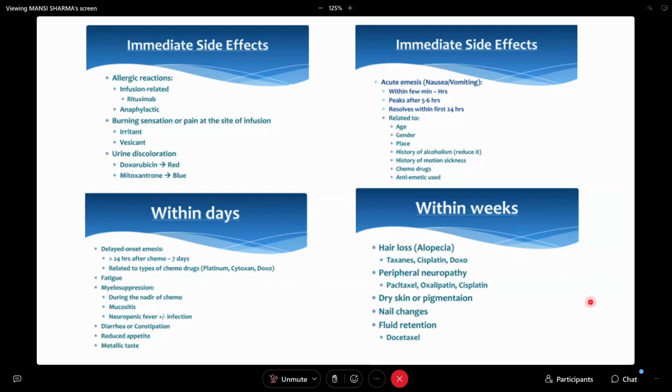We also have side effects that develop within weeks, more notably alopecia. You should know the drugs that cause alopecia. Taxanes cause complete alopecia, so you have complete loss of all hair from the body, including eyebrows and eyelashes and everything. Cisplatin, doxorubicin as well. We need to know drugs that cause peripheral neuropathy, which are paclitaxel, oxaliplatin, cisplatin.